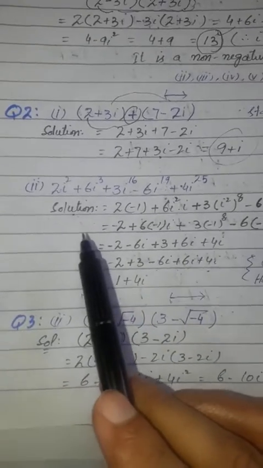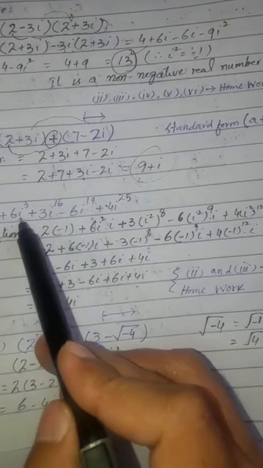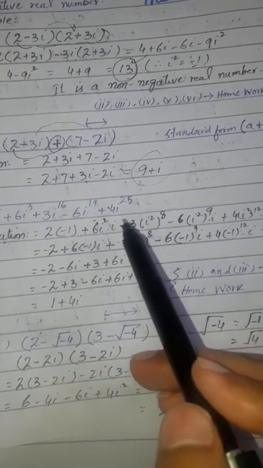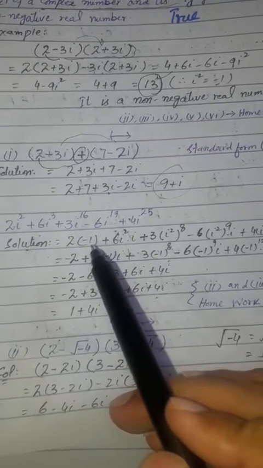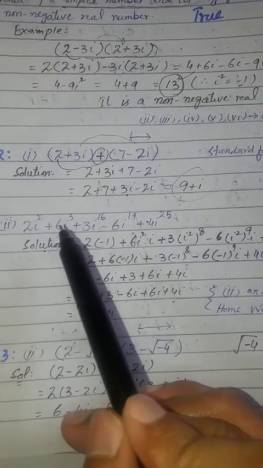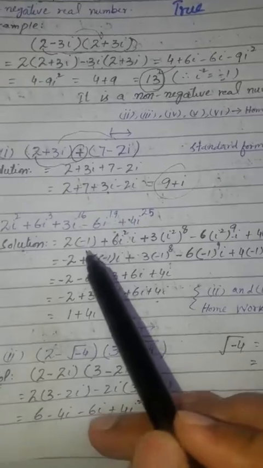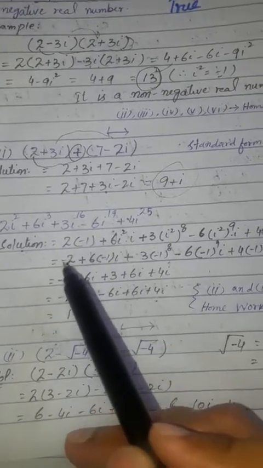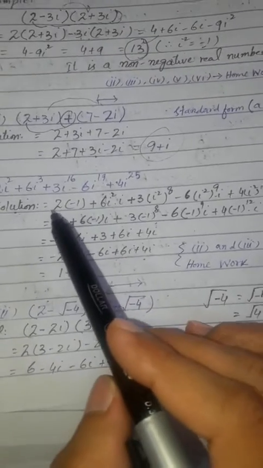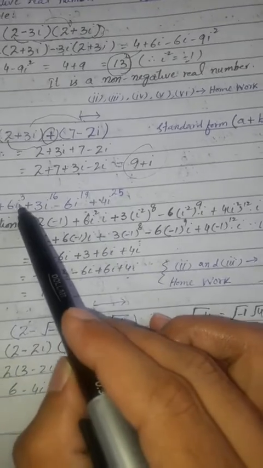Similarly, next part 2. Firstly, we have to remove the iota cube, iota 16, iota 19, iota 25. So simply, in the last lecture I told you, just convert it into iota square. You know the value of iota square is minus 1. Just putting the value of iota square, you can easily remove the higher power of iota, right? So this is 2. So iota square is minus 1 plus 6.